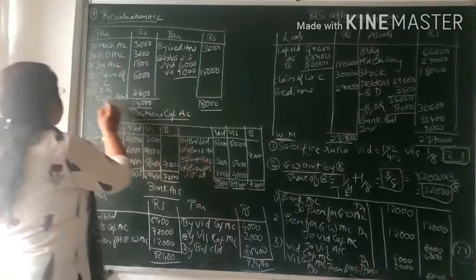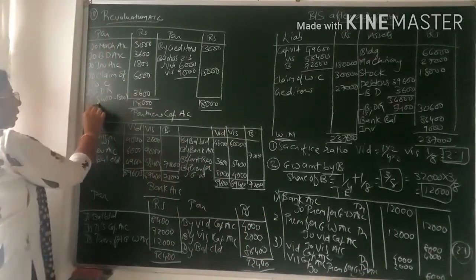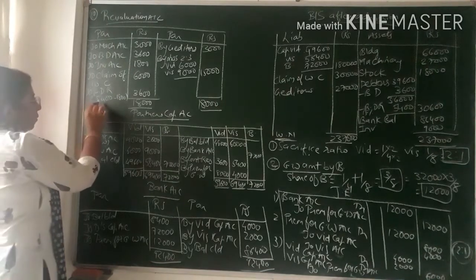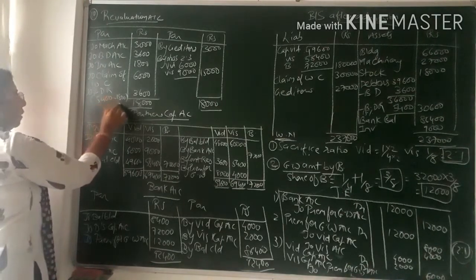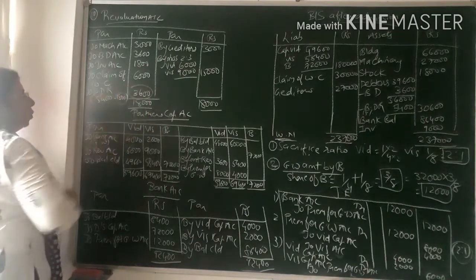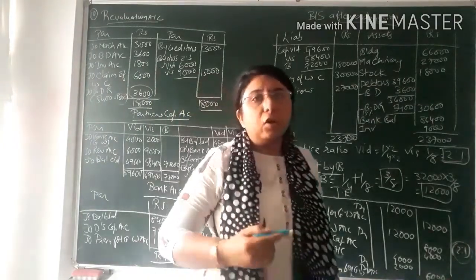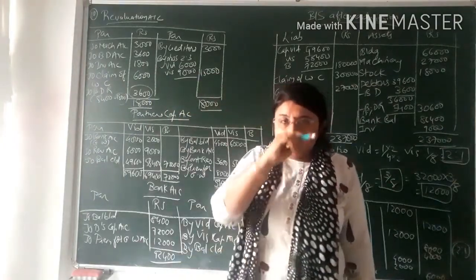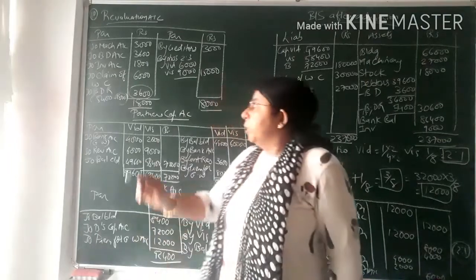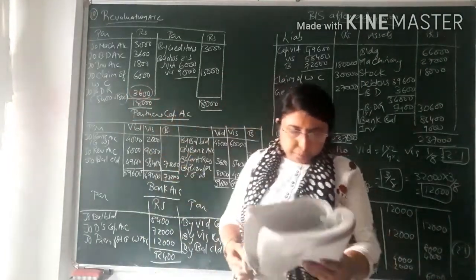So the remaining amount, see I have written over here, to bad debt reserve on the revaluation account, that is 3,600. Actually we have to create the reserve for 5,400. Out of that we already have 1,800. So still more reserve we have to create, that is rupees 3,600. So it is an additional liability or reserve that we have to create. So it increases the loss for the firm. That's why it is written on the debit side of the revaluation account.